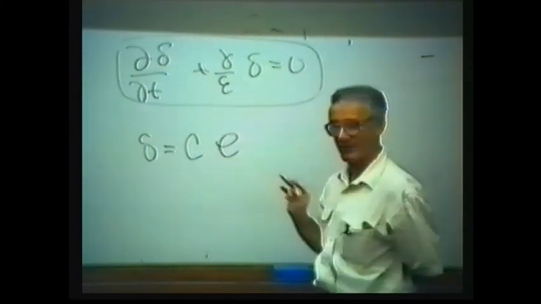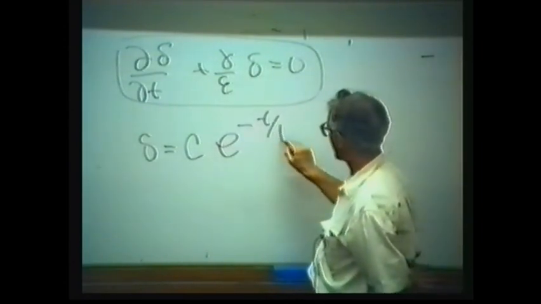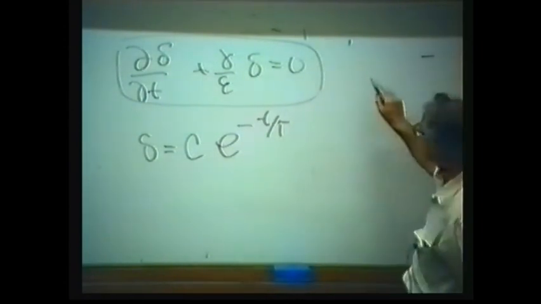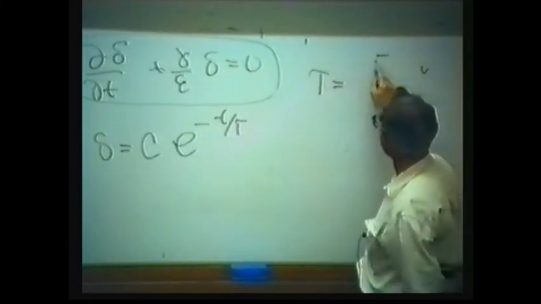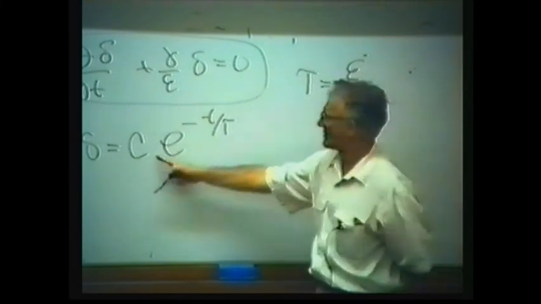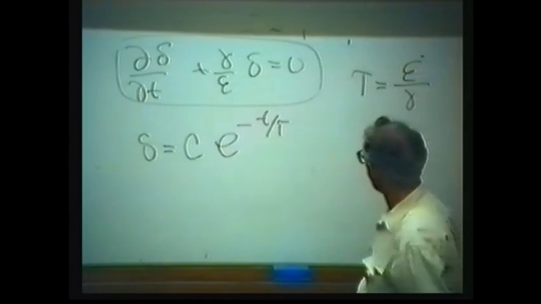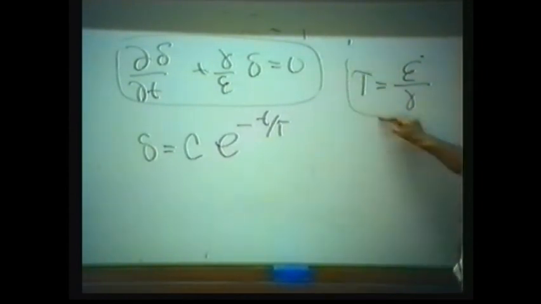Let me tell you, it will be exponent of minus t over tau, where tau is equal to epsilon divided by gamma. Take it, replace it, you will see how beautifully it works. How is this parameter called?